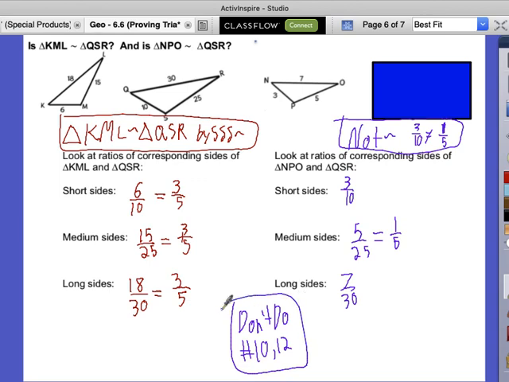Sorry, don't do 4, 5, and 9. So we have to do 10 and 12? Yes.